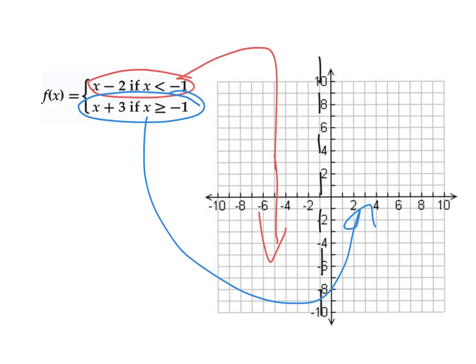So if this is negative 1, the values where x are less than negative 1 are over here. Where the x values are greater than or equal to negative 1, to the right. So the rule that I use for my graph on this side is here. The rule that I use for the graph on this side is here. And it's just a matter of doing that and graphing those.